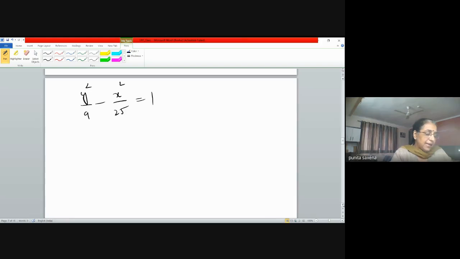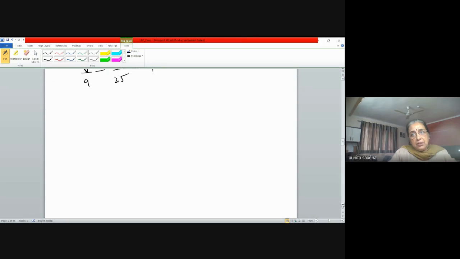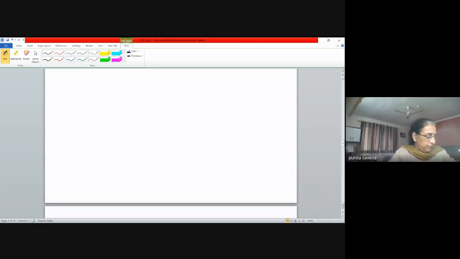But then, as I was saying the other day, every time we cannot be having these standard conics. I can have a case where the center is not necessarily the origin for an ellipse.